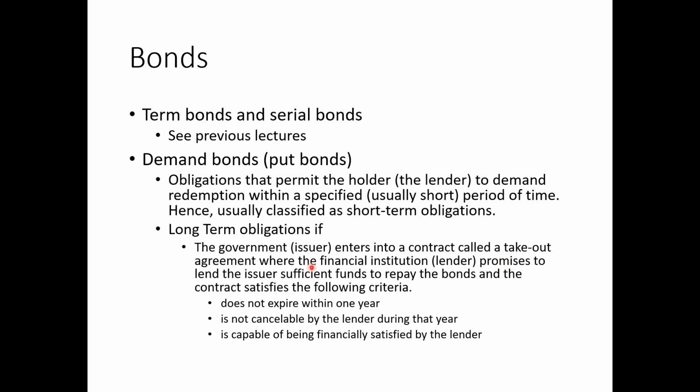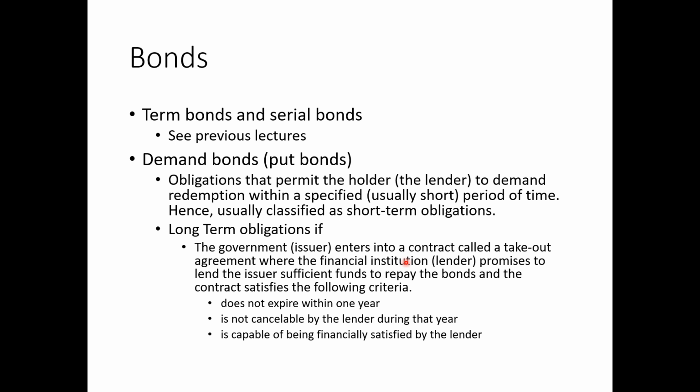The lender promises to lend the issuer sufficient funds to repay the bonds, and the contract satisfies the following criteria: does not expire within 1 year, is not cancelable by the lender during that year, and is capable of being financially satisfied by the lender. Okay? In short, demand bonds are usually reported as short-term obligations, but they may be reported as long-term obligations if the government has a contract with a financial company.